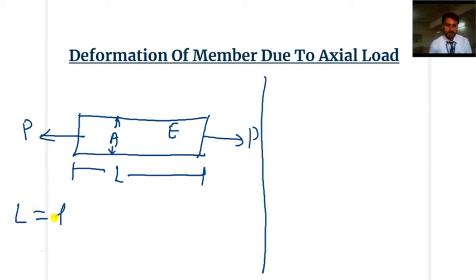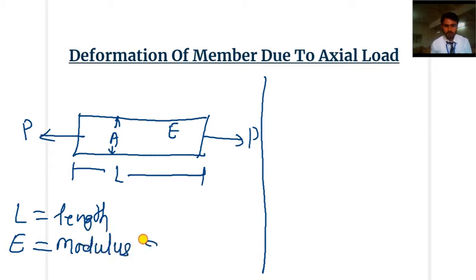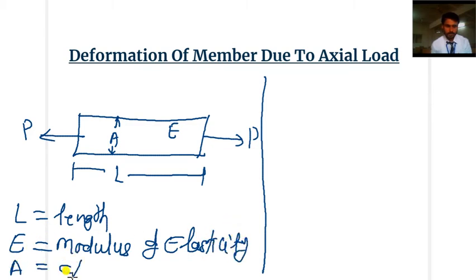Here L is the length of bar, E is the modulus of elasticity, A is the cross sectional area which is the same throughout the length, and P is the axial load.